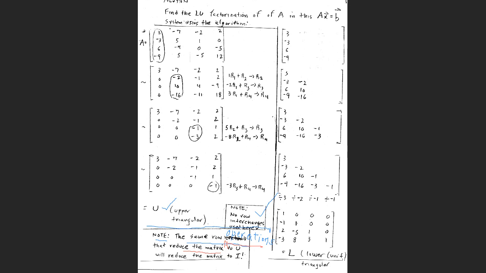The same row operations that reduce the matrix A to U will reduce the matrix A to the identity. Very, very important.